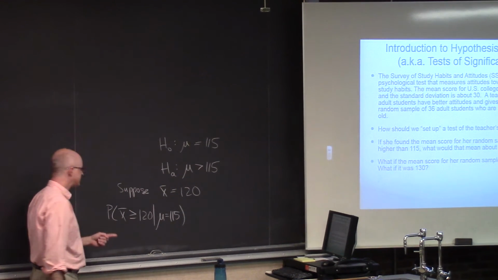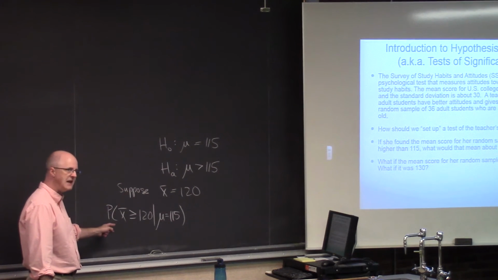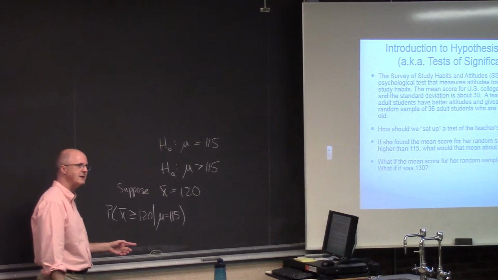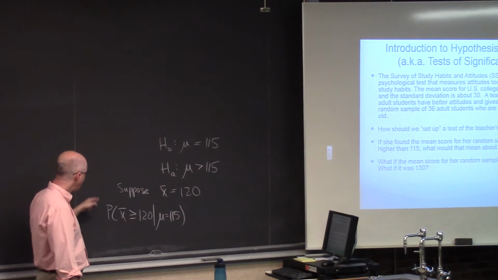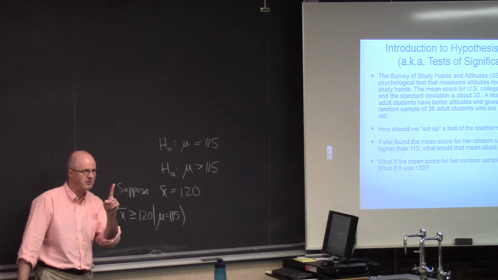You see how I'm writing that as a conditional probability here with this vertical line? This notation is important. You've got to get the idea of the notation. This whole thing, this whole crazy thing represents one number, a probability.